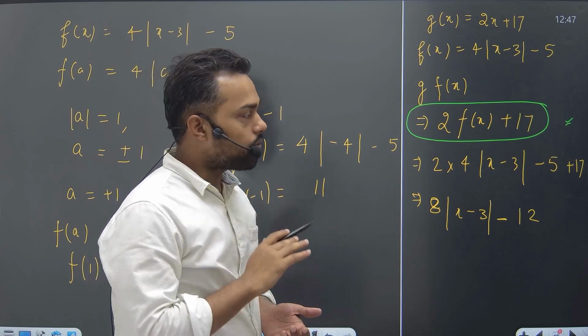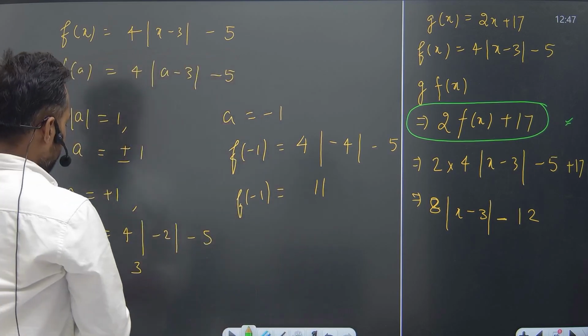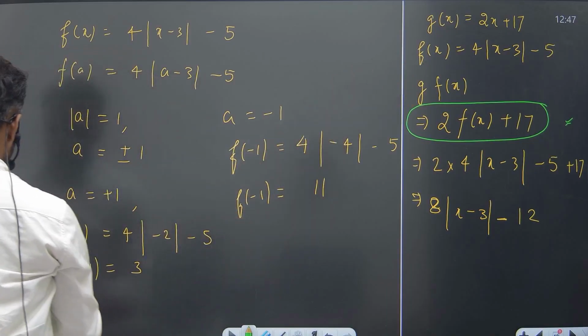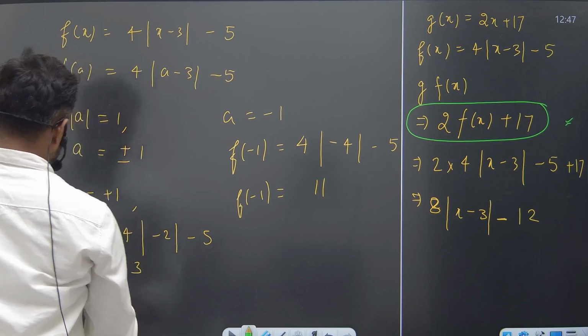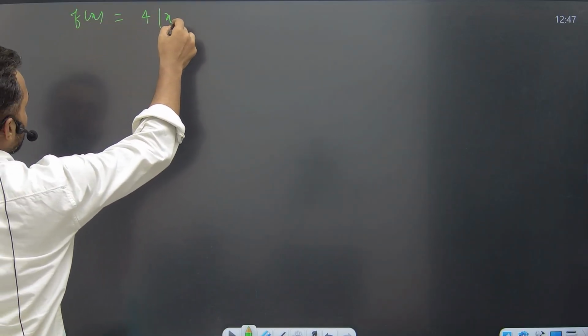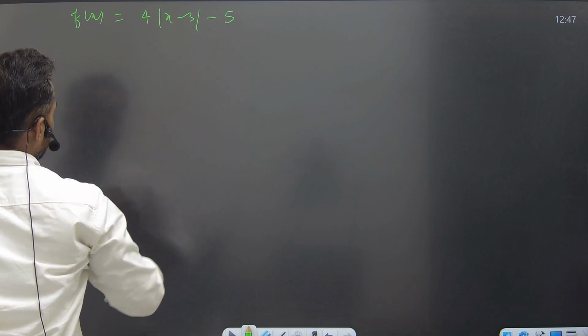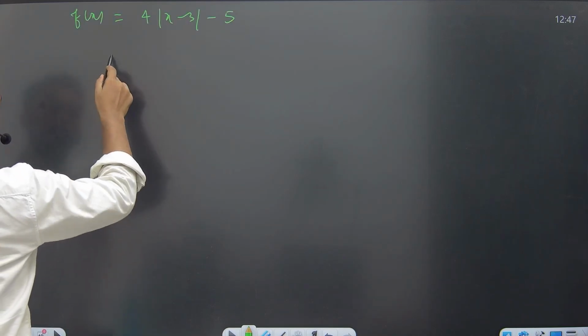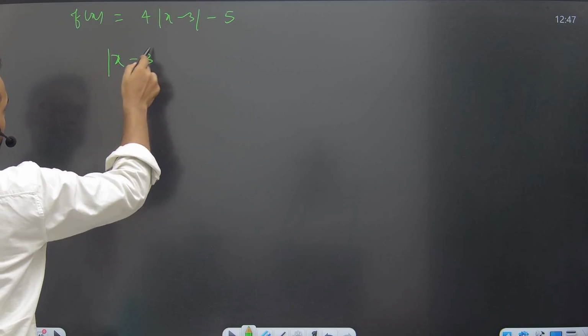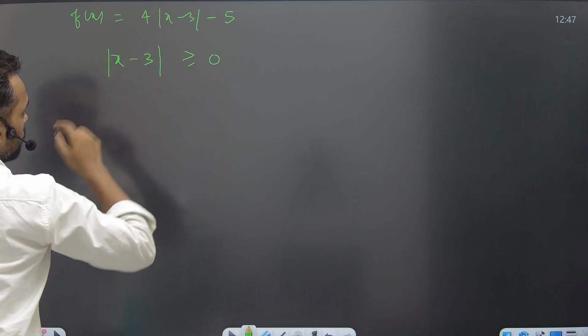I'll tell you how. See, in this part, students, what was the main function f(x)? The main function was 4 times modulus of x minus 3, minus 5. From here, modulus of x minus 3 must be greater than or equal to 0.